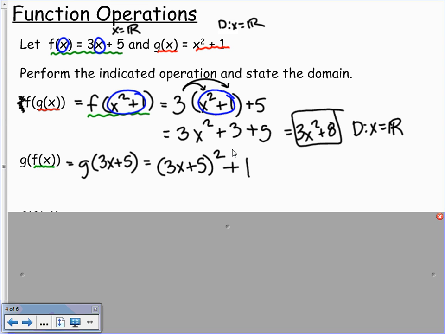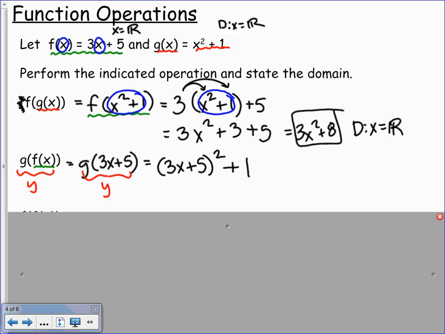Why does everything equal y? Because I'm using a notation there where all of this means y, and then this is just me doing substitution. f of x really is 3x plus 5, so I just substituted that in, so this is really saying y.